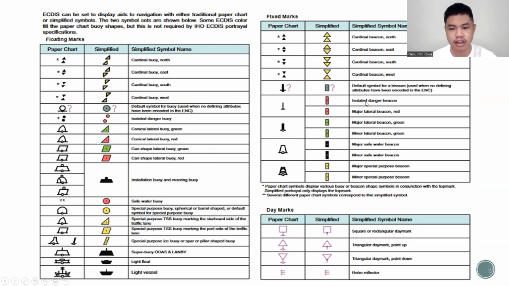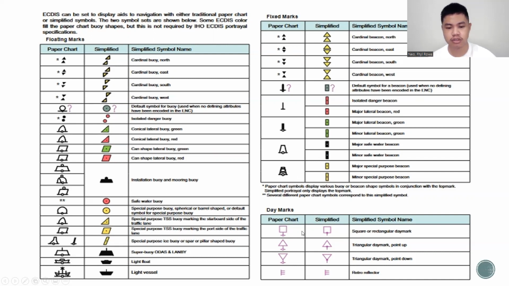The isolated danger beacon, this is the simplified version, but in the paper chart you can see this symbol. Now the major special purpose beacon is this, the simplified version in the paper chart.